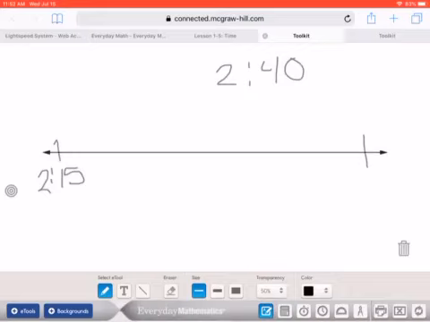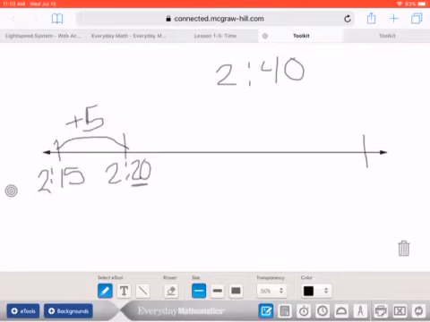But first, I'm going to start counting by 5s because I can skip count by 5s pretty easily. So from 2:15, 5 more minutes is 2:20. Well, now I can skip count by 10s, but I need to make sure I include the amount that I increased there. So I increased by 5 minutes. Now I'm going to count by 10s because 20 is a pretty easy number to skip count by 10s from.